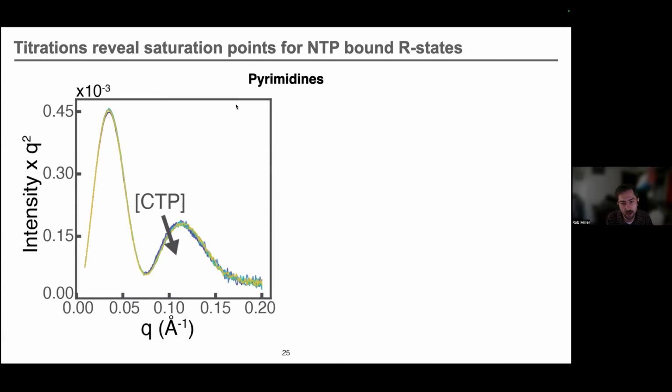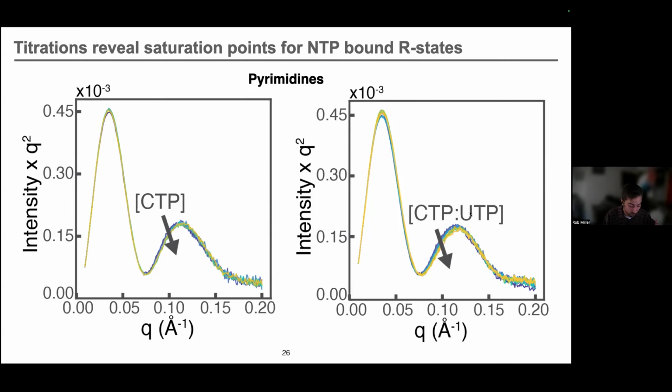This is really exciting to us because it indicates that these allosteric nucleotides are modulating either the populations of enzymatically inactive T states and R states, or they're directly altering the quaternary structure of ATCase. What's more, these ligand titrations once again provided us the exact solution conditions to pursue these different enzymatic states at high resolution, which is exactly what we did, first beginning with this R state bound to CTP and UTP, our most enzymatically downregulated state.